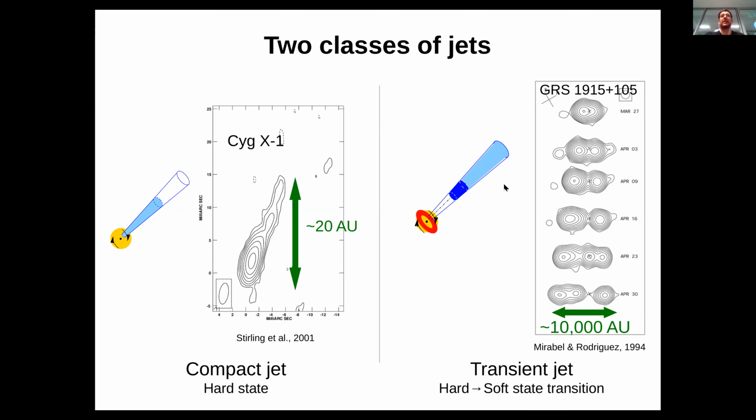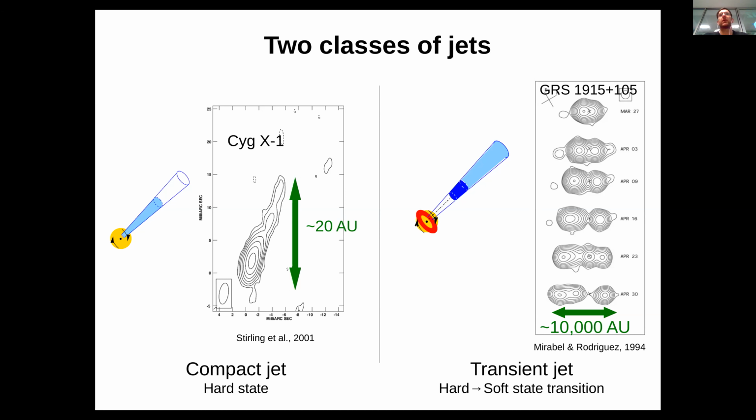Both were discussed in some detail over the last couple of days, but the compact jet has a flat radio spectrum and has velocities typically assumed to be mildly relativistic, although see Alex's talk from yesterday.